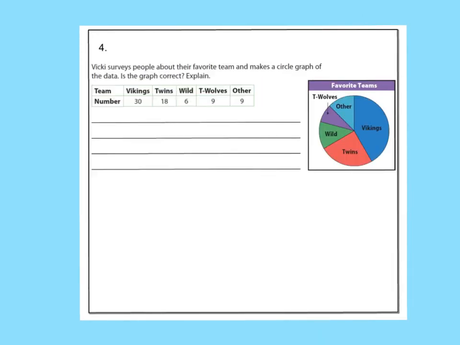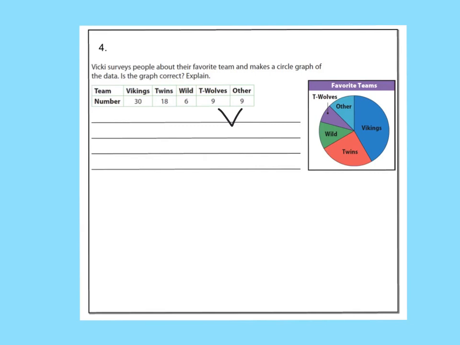All right, one more circle graph to look at. It says Vicky surveys the people about their favorite team and makes a circle graph of the data. Is the graph correct? Explain. All right, so if you look at this table, one thing we should note right away is that the T-Wolves and other have the exact same amount, and so their sections should be the exact same.